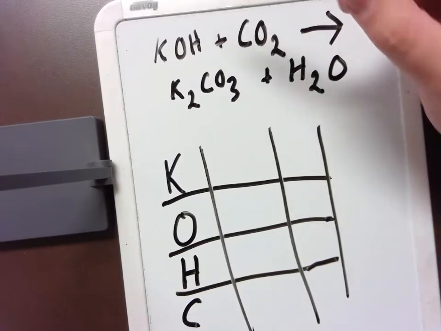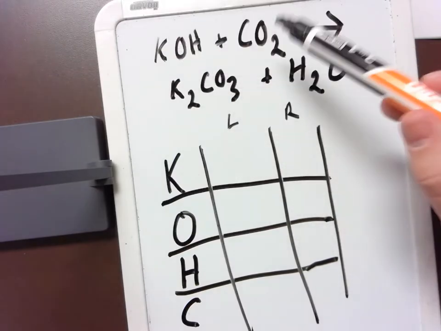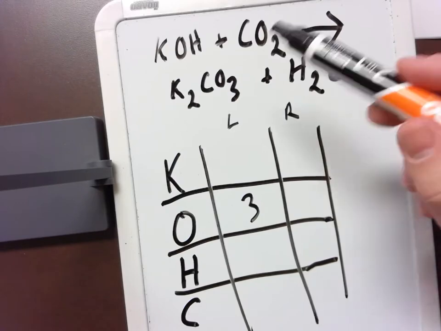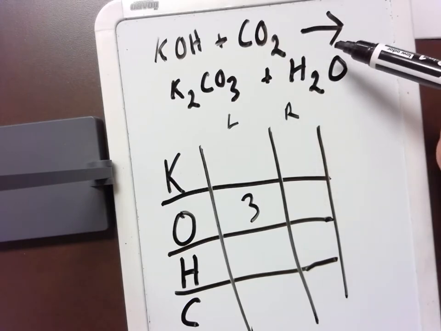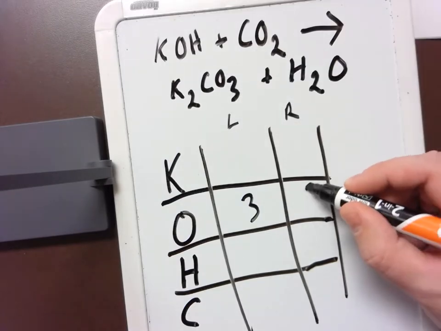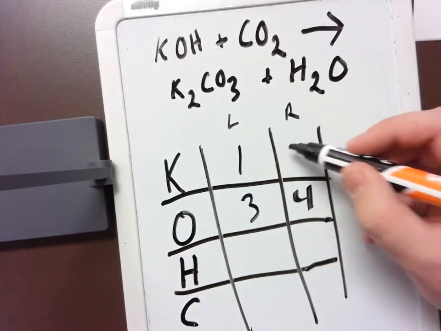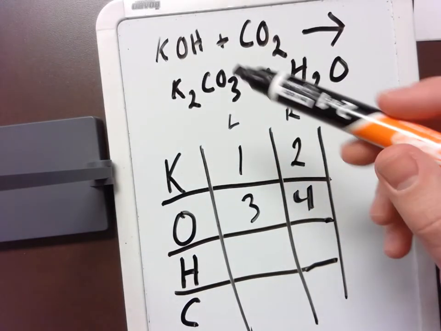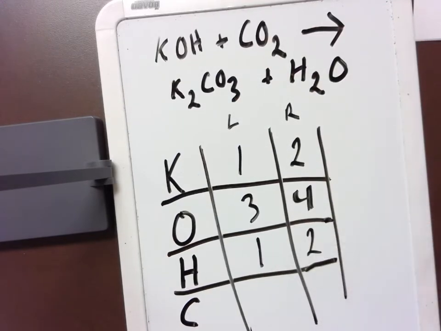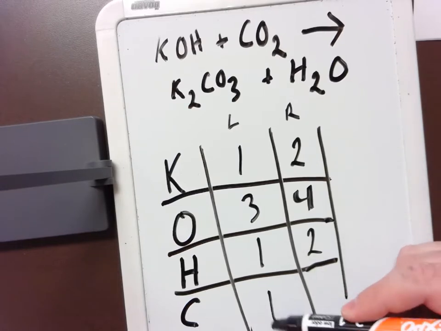So remember, this one's going to be left, this one's going to be right. We have 1, 2, 3 oxygens on the left, and this one's got to be at the bottom in this case because I didn't have enough room. 1, 2, 3, 4 on the right. Go to K, we have 1 on the left and 2 on the right. And then H, there's 1 on the left and 2 on the right. And we have C, which is 1 and 1.